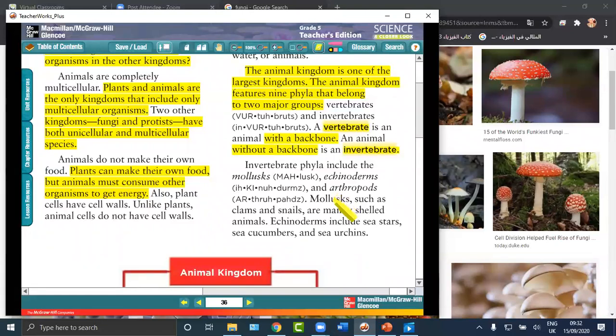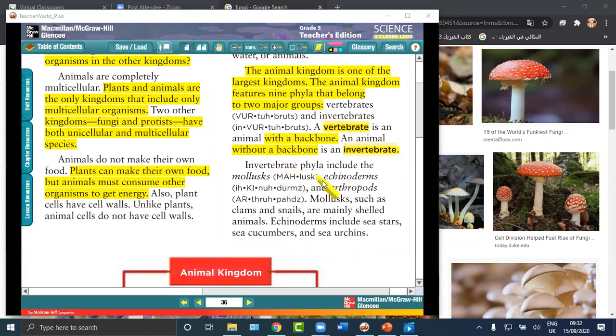Yes. Okay. Now, invertebrate. Who can complete? Charbel, yes, complete. The snake does have a backbone. Complete from here.